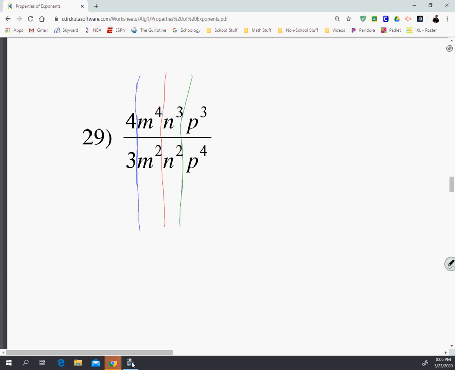Then I'm just going to solve and simplify terms. 4 divided by 3 does not change because we can't reduce it. M to the 4 divided by m to the 2 is m squared. I have n, and I have a p on the bottom. Why do I have that? On this one, there's 4 on the bottom. That's bigger. There's 3 on top. That means there's 1 down here because there's more. And on this one, that means there's 1 up there.